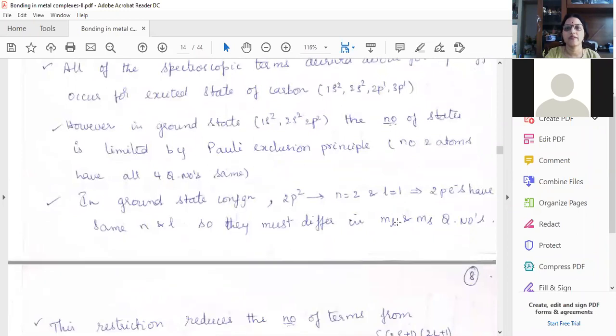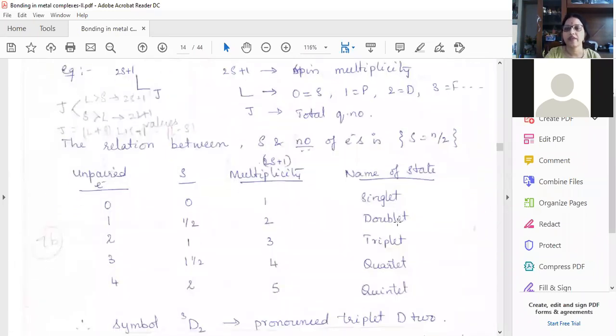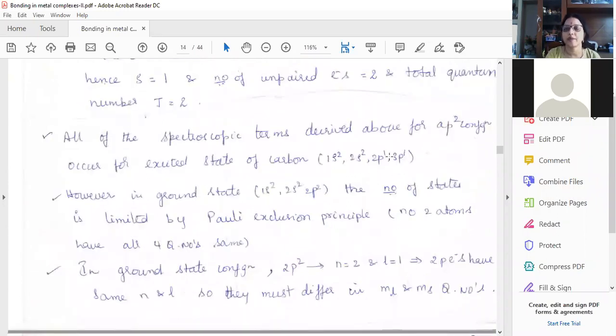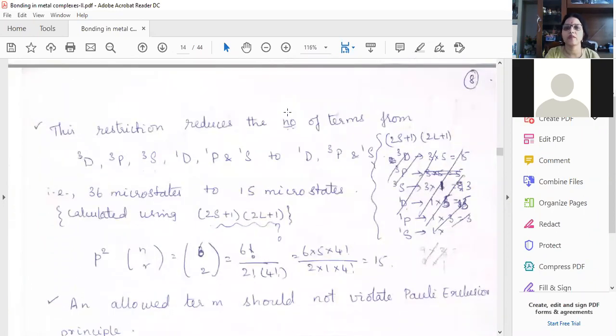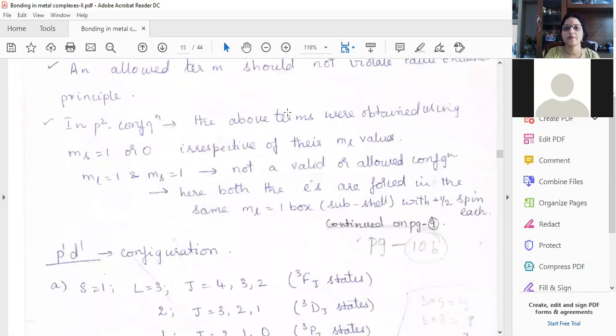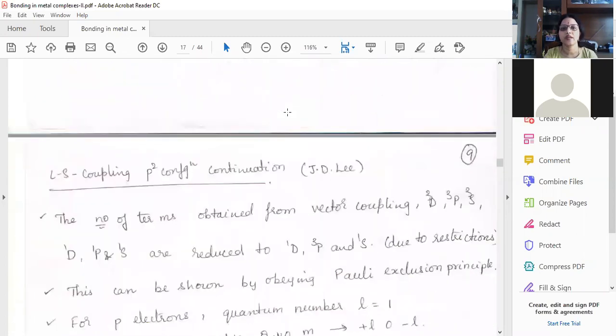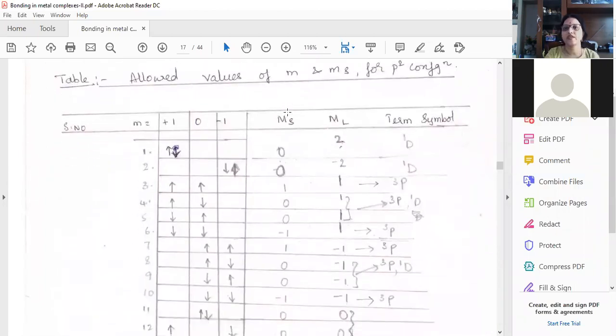Now, whatever we have done with the help of the vectorial addition, we are getting many states. It is not a proper method of doing because it shows that it is not following the Pauli exclusion principle. So one more method is developed, that is the derivation method. In this derivation method, we have to arrange these.